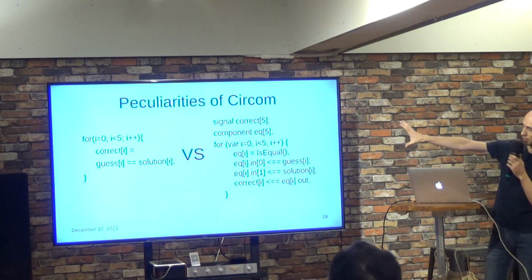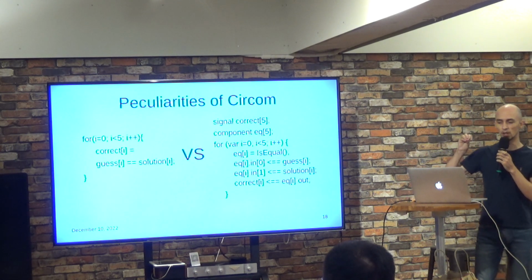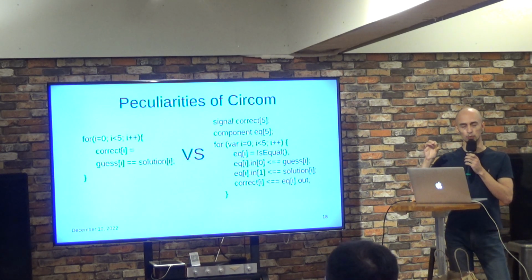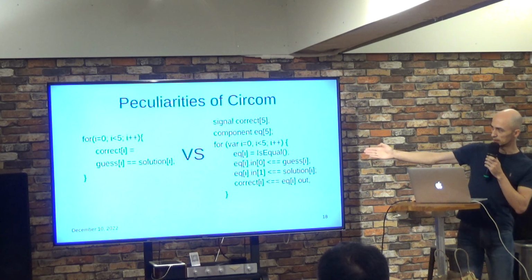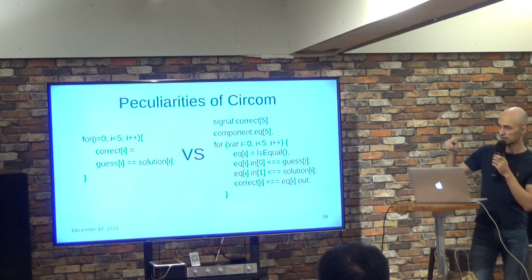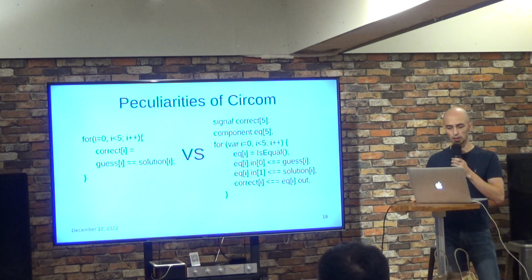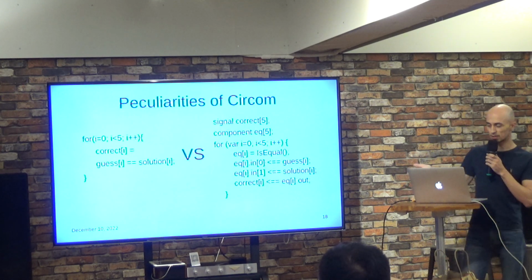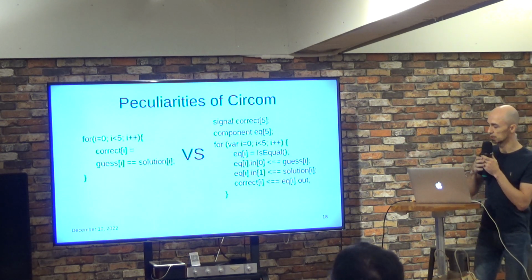This fragment of the circuit actually establishes the relation between guess and solution in terms of the green squares in the clue. So in those places where the letter of the guess is equal to the letter of the solution, we should have the green square. It's just a simple equality check, but in CIRCOM it's a little bit more complicated.